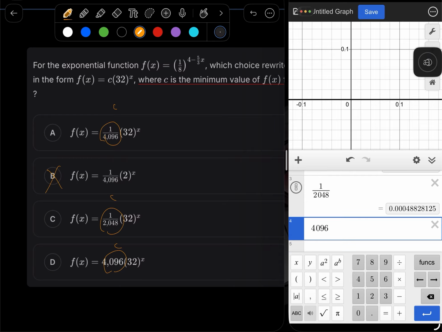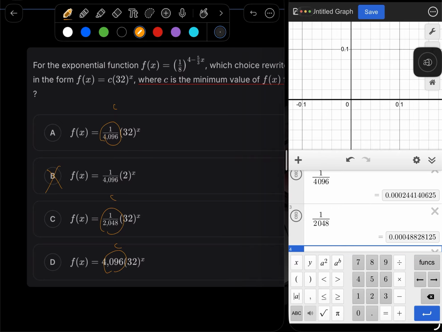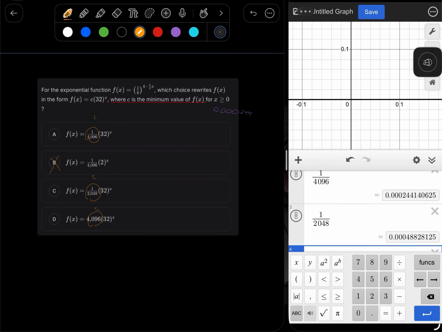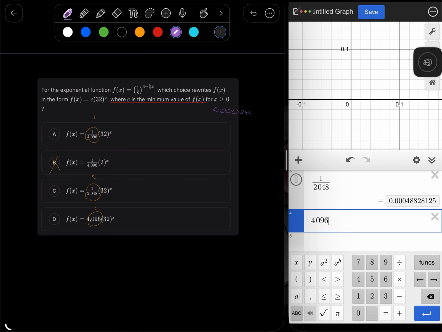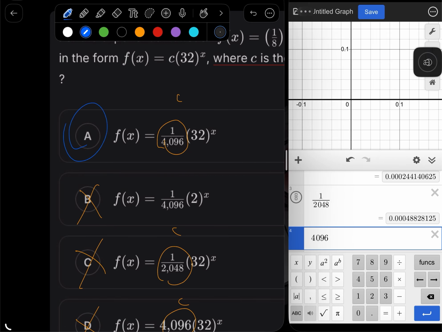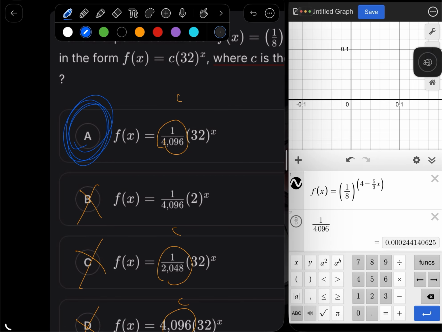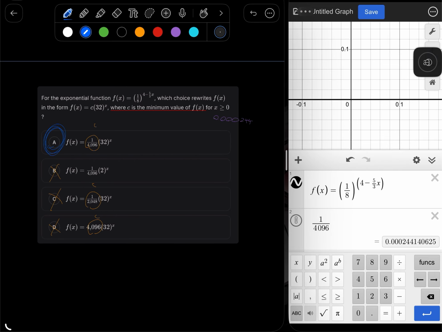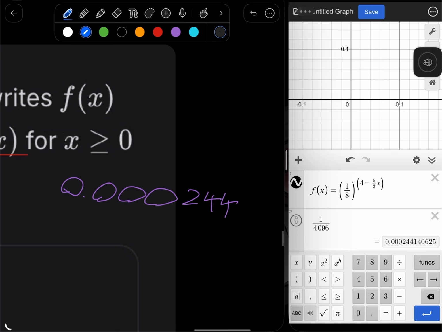If you look at this, the one that matches our value of c that we got earlier, that minimum value, it's not D. And if you look at 1 over 2048, I think that's double. It's 0.000488, so that's not right either. So we're left with answer choice A, because 1 over 4096 gives us that decimal, and if you round that, you actually get this value here for c.